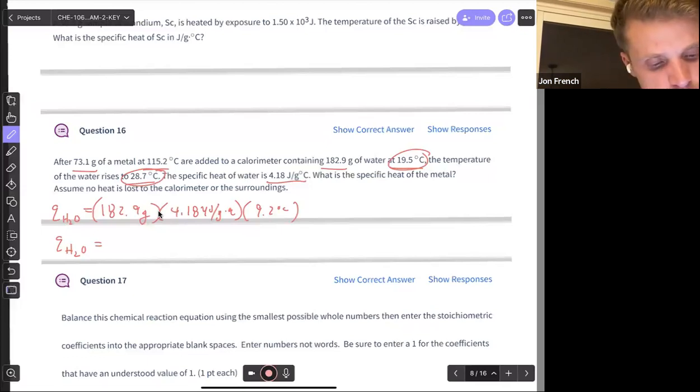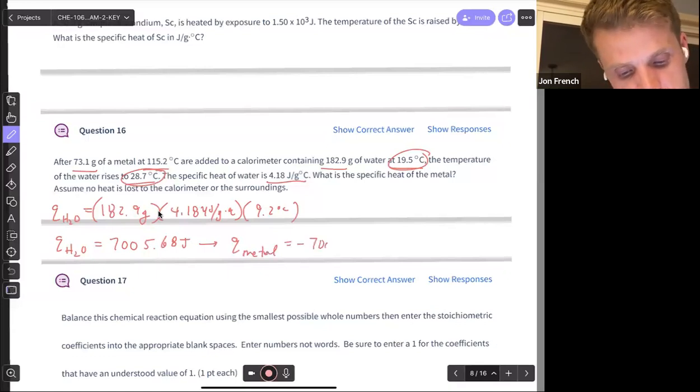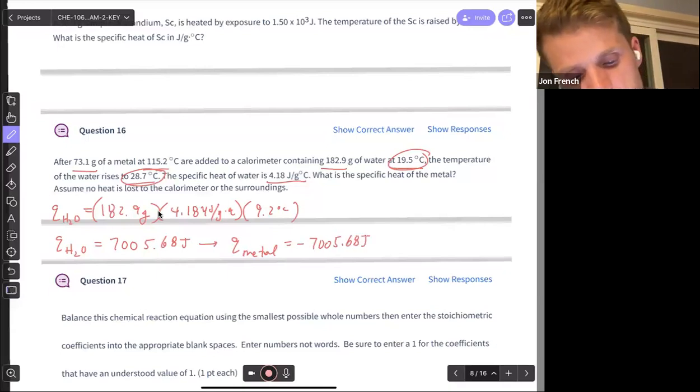Right, the water absorbs 7,500 joules of energy. And that means that the metal lost that energy. So Q for the metal is a negative 7,500 joules of energy. So now we can do Q equals MC delta T for the metal.